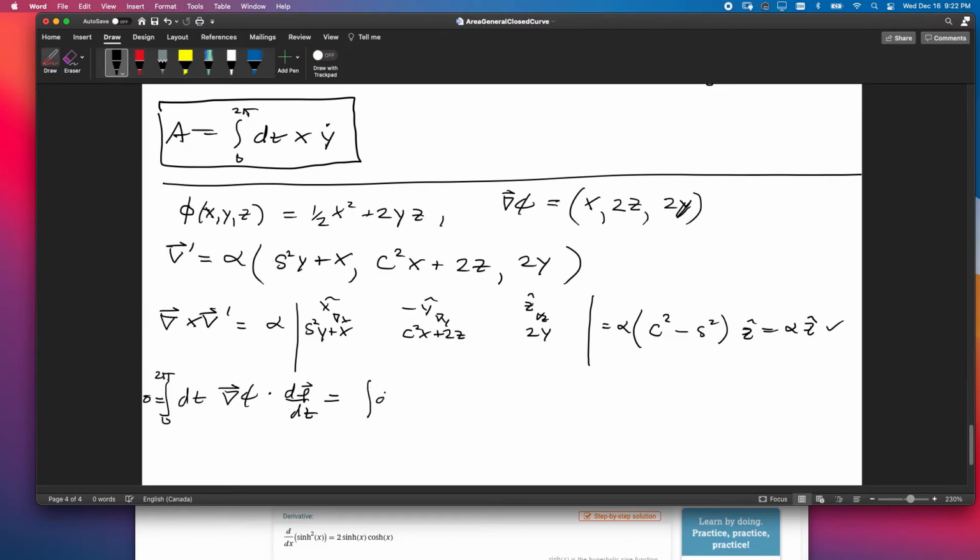So we'll get the integral of dt 0 to pi times this stuff, which is x dot plus 2z y dot plus 2y z dot.